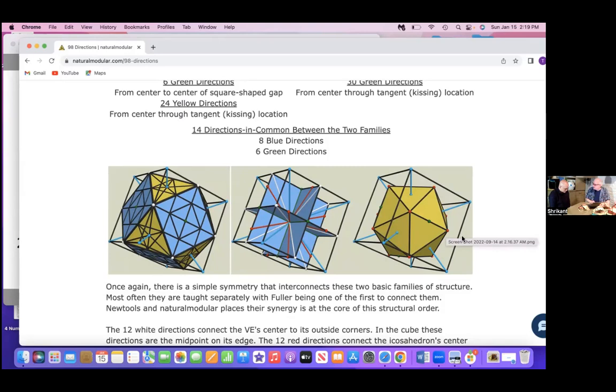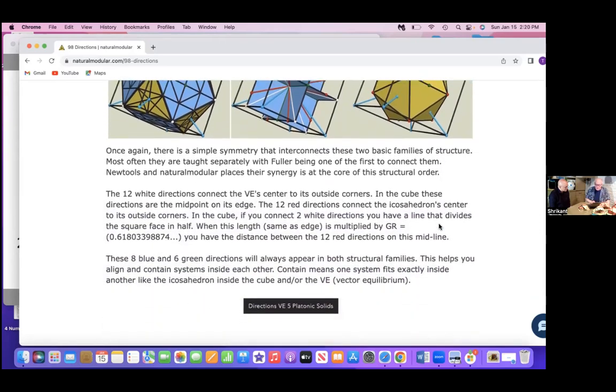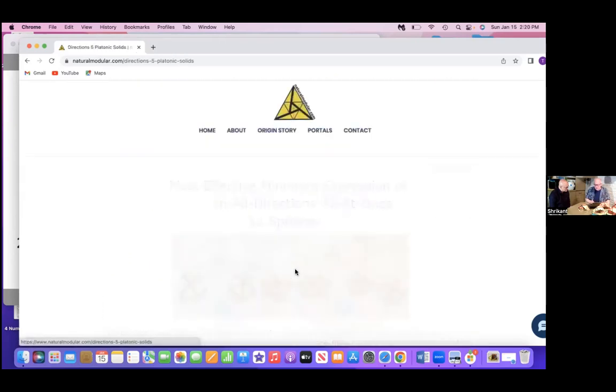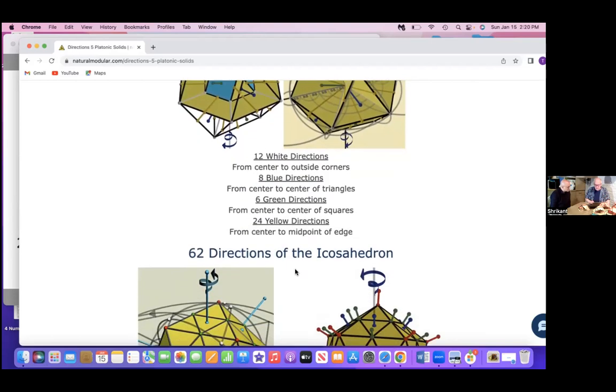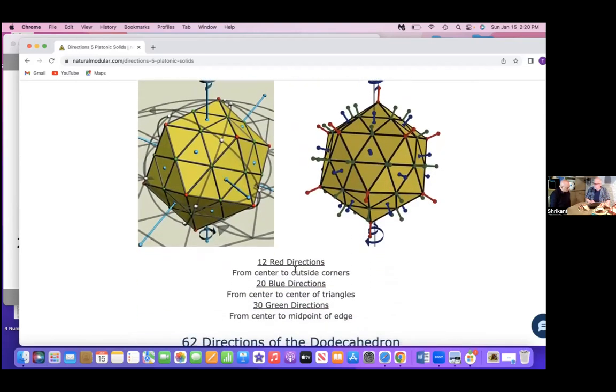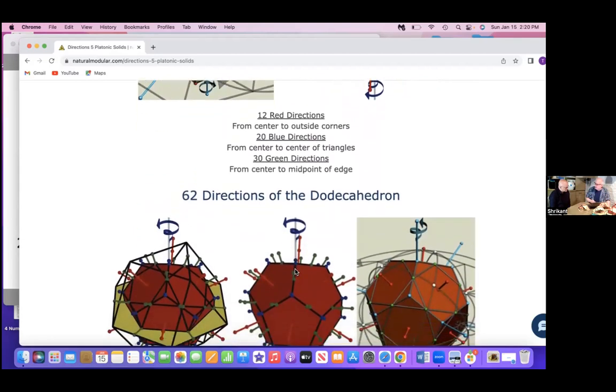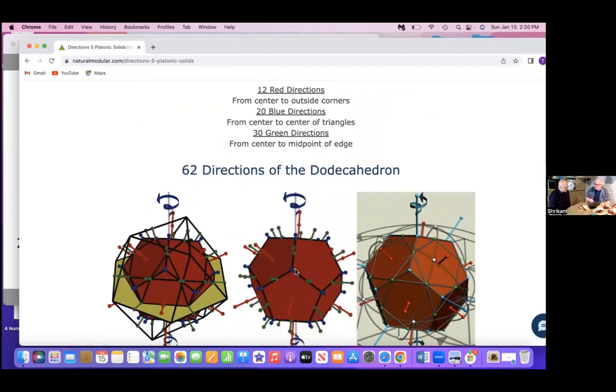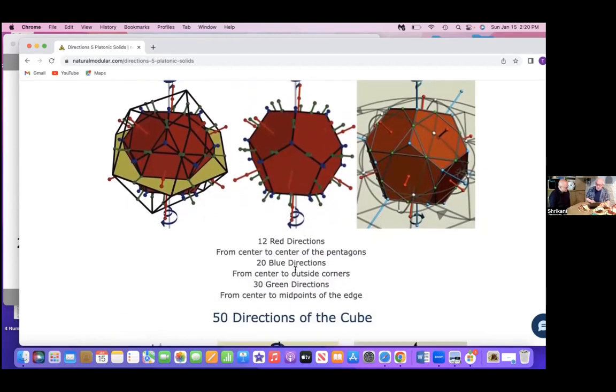That's the long axis of the triacontahedron. And this is just going through each one of the systems showing how the different directions, but there's this burst of order that goes out, and this helps you when you're mapping, when you want to try to figure out some kind of modular design.